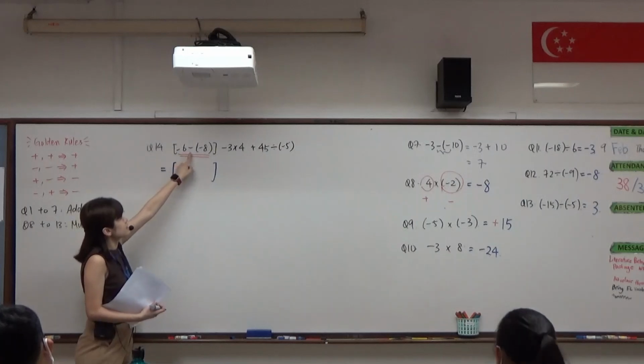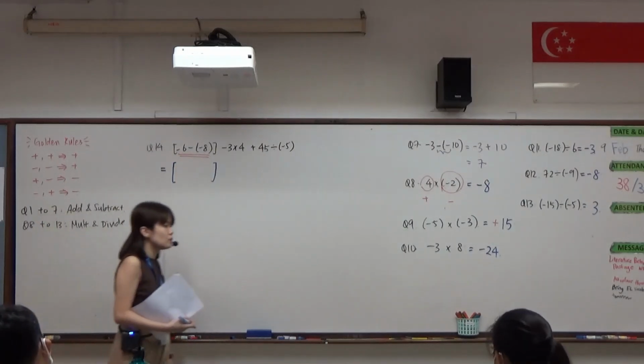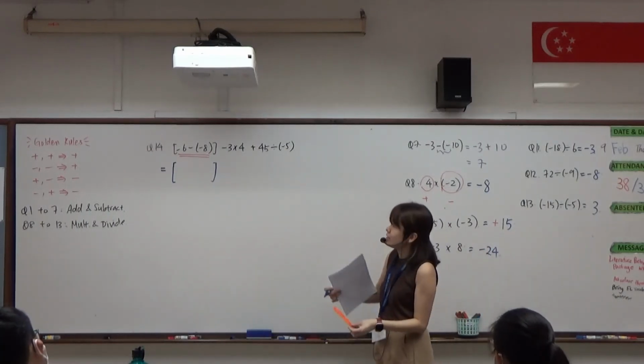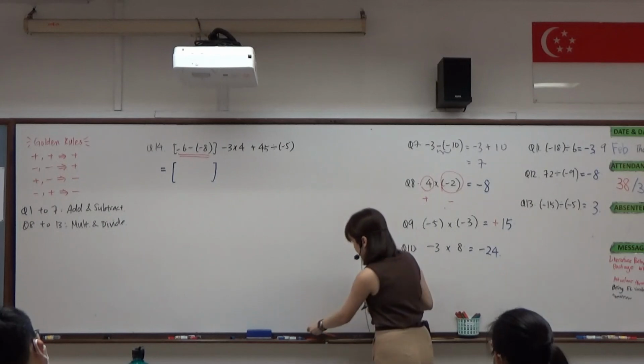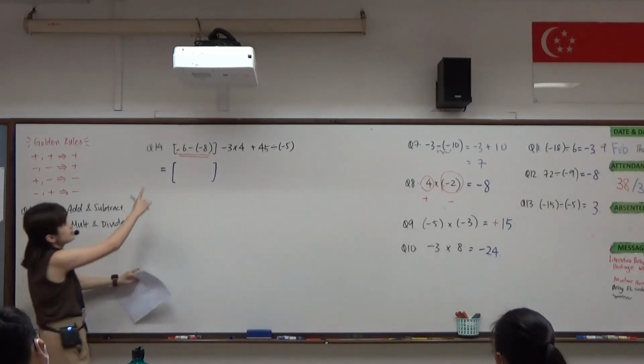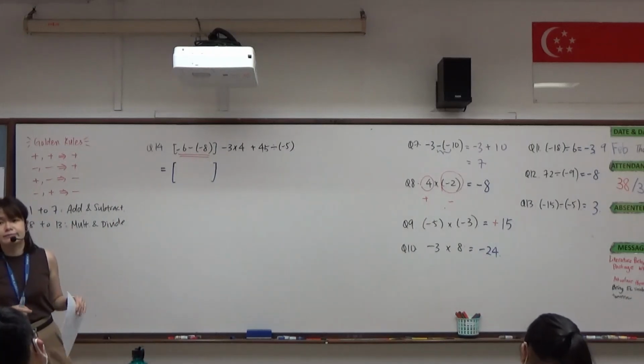So negative 6 minus negative 8. Simplifying it, we just went through all the operations already. What would it be inside the square brackets? How can I rewrite this?